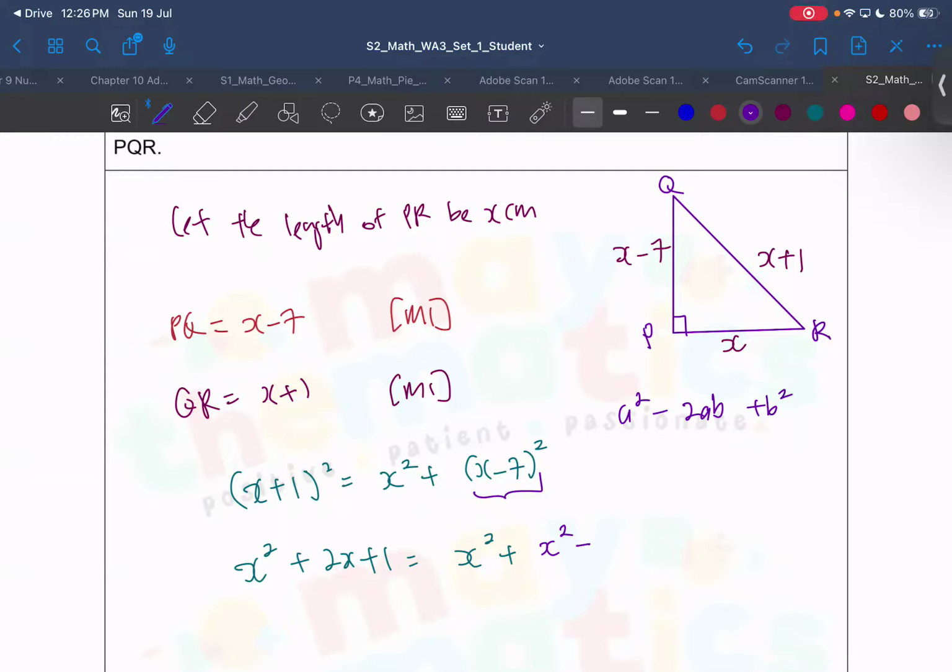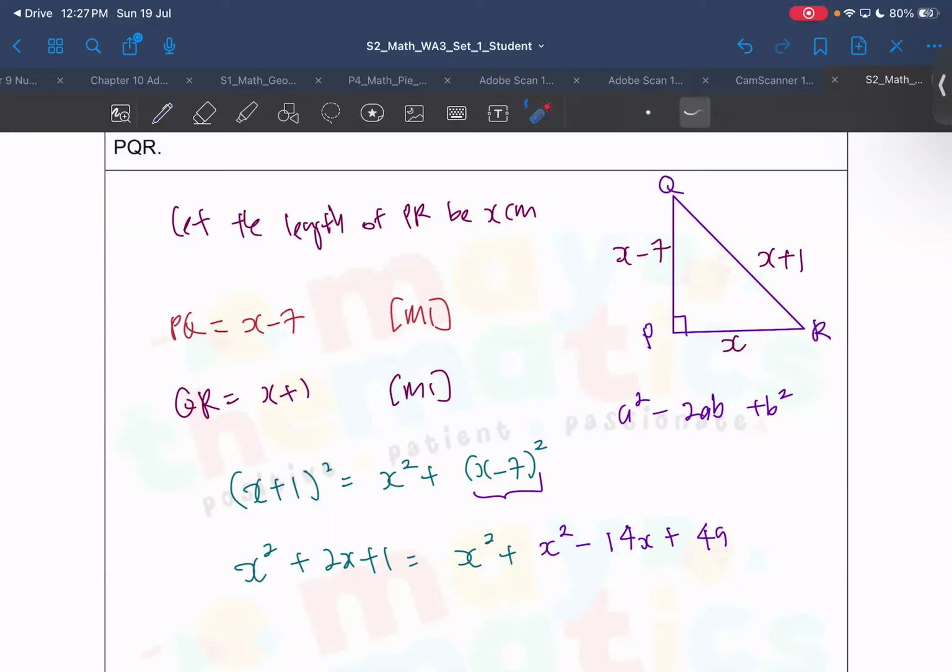Minus 2x? Okay, AB is always A and B. So what is 2AB in this context? Your A is X, your B is 7. So what is 2AB? 2 times 7x. Yeah, so 2 times 7 is 14x. Must remember how to expand.